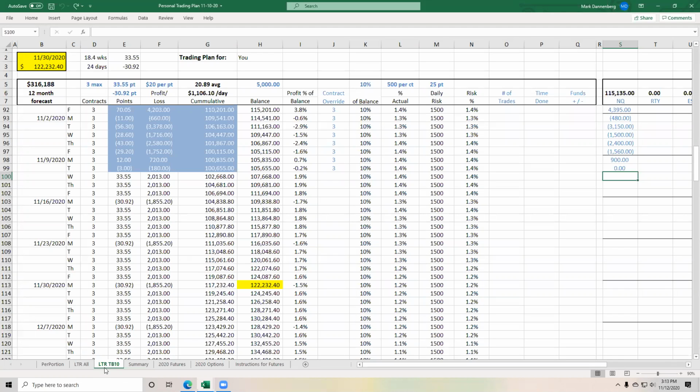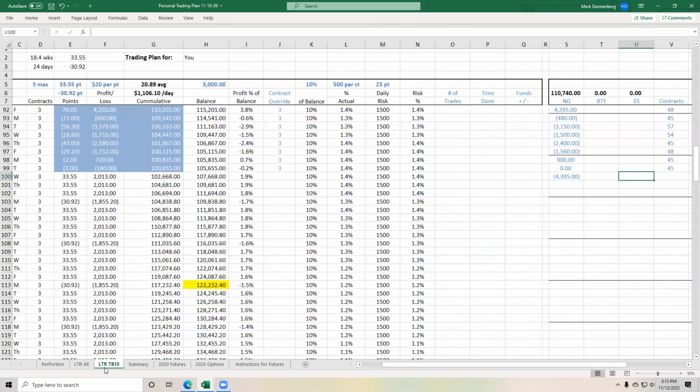So yesterday was a loss in that category of $4,395. We did 21 trades. 3 contracts per trade is 63 contracts.